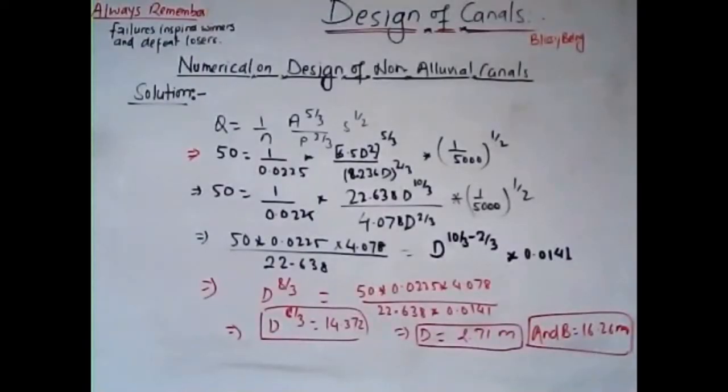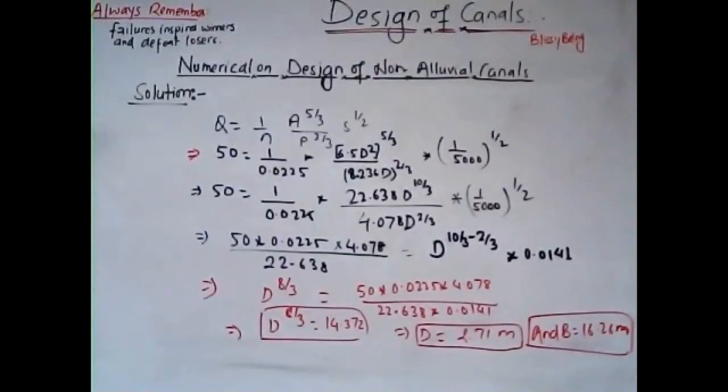Now friends, you can substitute the values of area and weighted parameter here, which are in terms of D. If you substitute, you get discharge 50 equals 1 by n, which is 0.0225, with the area as 6.5 D square and P as 8.236 D, and the side slope as 1 in 5000.